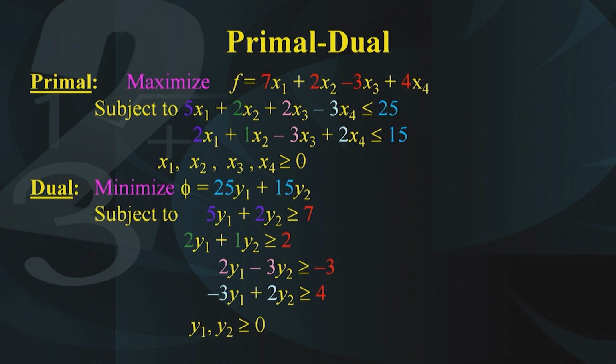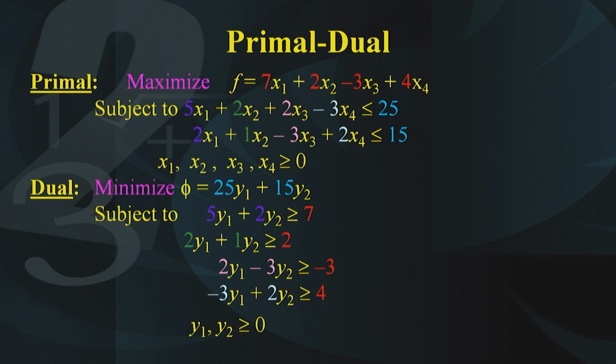Another difference you find is that the matrix A, which corresponds to the coefficients of all the variables x1, x2, etc. in all the constraints, has taken the form of its transpose.